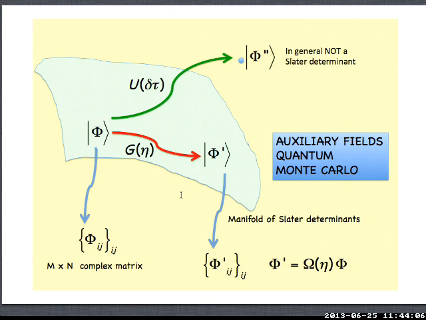But for a single auxiliary field representation, phi is mapped to phi prime, and in terms of the associated matrices, the relation is quite simple. In the next slide, I will write it down explicitly. Of course, the integration over the auxiliary field finally takes us out of the set of the Slater determinants.